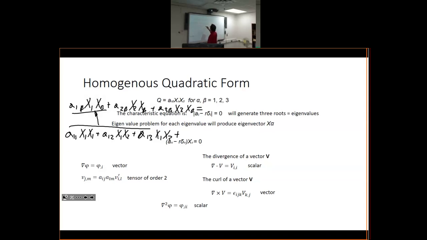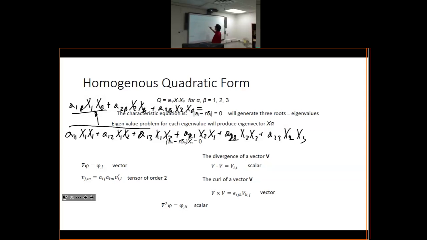Then you do the second one, which is a21 x2 x1 plus a22, keep the two constant, x2 x2 plus a23 x2 x3.